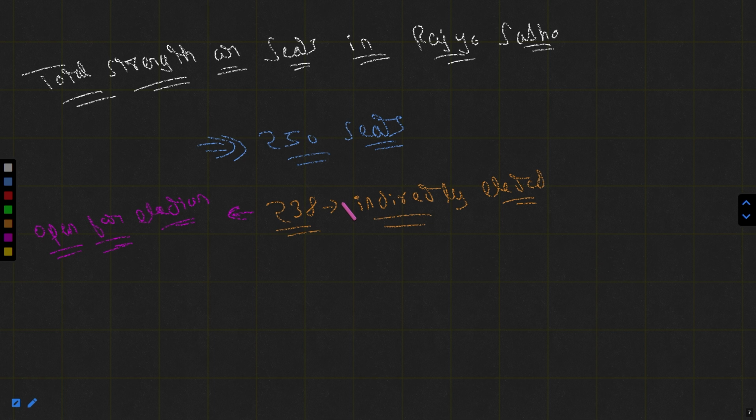Till then, just remember that these 238 seats are basically open for the election, and the remaining 12 seats are basically filled by nomination. Okay, so these 12 seats are basically reserved for the nominations. Got it?